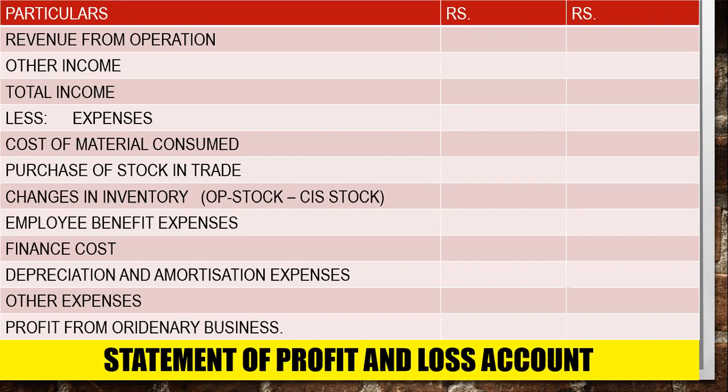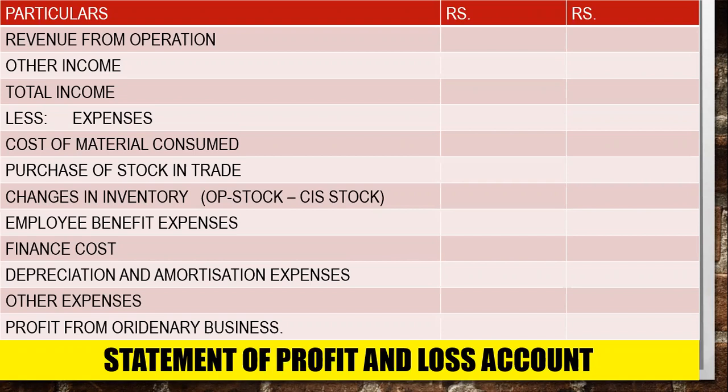If you have any other business income, for example discount received, or interest from debtors for delayed payment, this is also your income only. So you can write it under other income. So you will get your total income, sales plus other income.